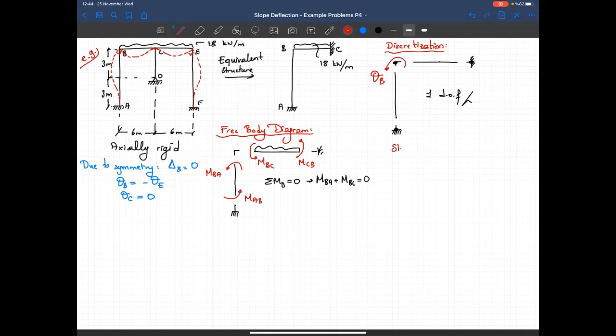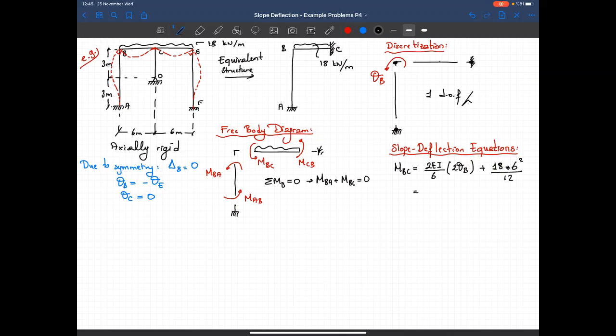Now I will write the slope deflection equations. So for member BC, it is 2EI over 6 times 2 theta B plus theta C, where theta C is equal to 0, and the translation angle phi is equal to 0, plus 18 times 6 squared divided by 12.